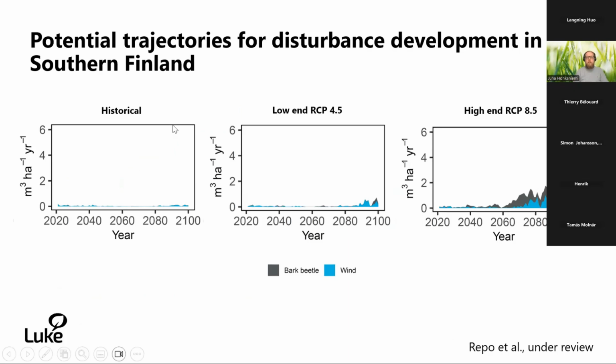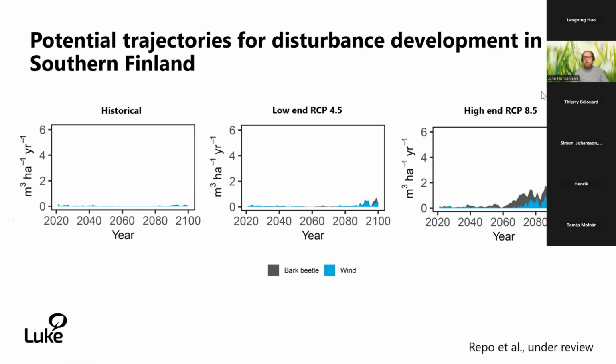First one on the left is the historical climate from 1991 to 2020, resampled for the next 80 years. Then we have a low-end RCP 4.5 scenario, and then the rightmost is a high-end RCP 8.5.